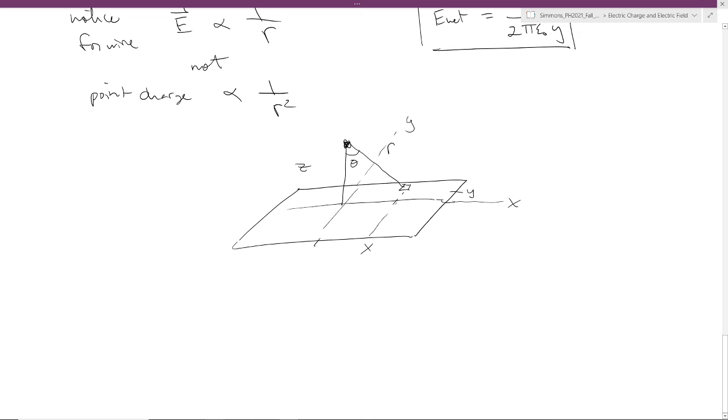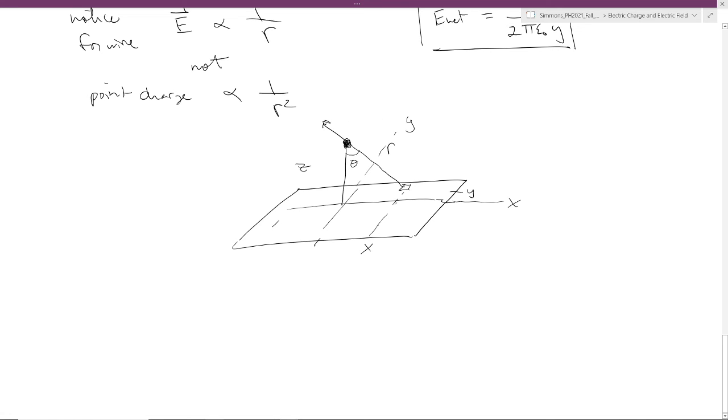Now it's exactly the same kind of situation. You can imagine the electric field contribution from this little patch would be pointing in this direction, but you could just as easily find a little patch that's mirrored through the origin, and it would be pointed that way. And you could see how these horizontal contributions are going to cancel out again.